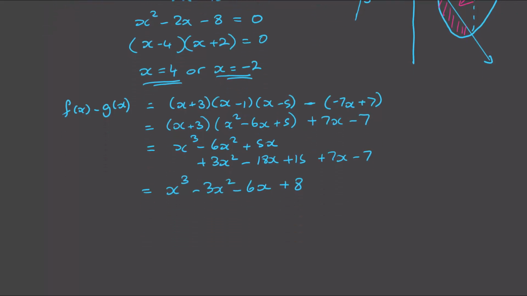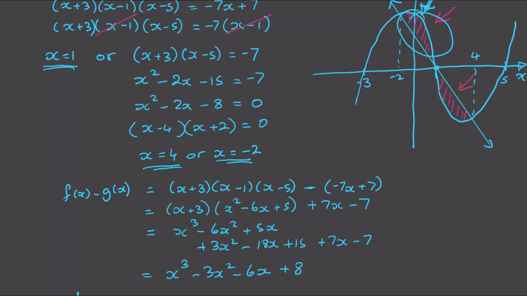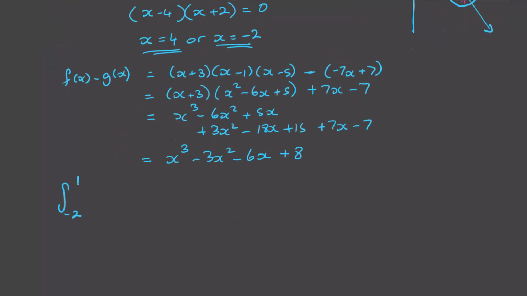So we're going to do the integral from negative 2 to 1, so that's that first section up here, of our difference function, which is x cubed minus 3x squared minus 6x plus 8.